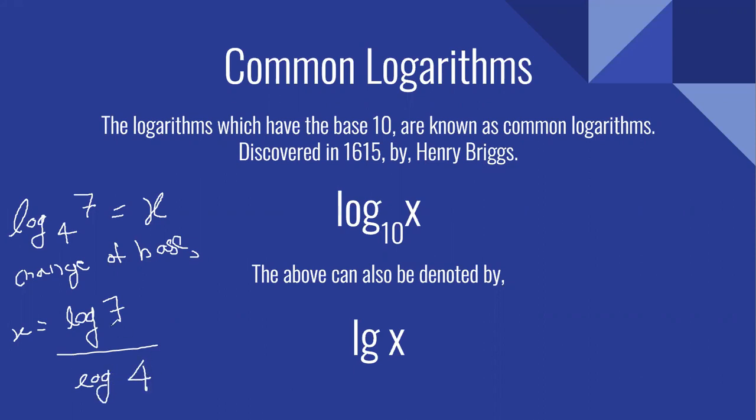And if you remember, while discussing the change of base theorem, we had discussed that if we have the number as the numerator and the base as the denominator, we can take the base as any number we desire. And what we desire here is 10. Therefore, x now is equal to log 7 to the base 10 divided by log 4 to the base 10. Now, in the next video, we will look at how to calculate this, log with the base 10 and a number. For this, we require a logbook. So yes, logarithms can be solved with the help of a logbook.